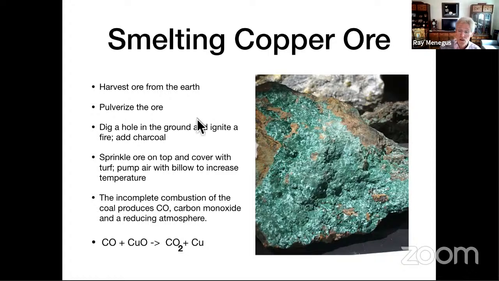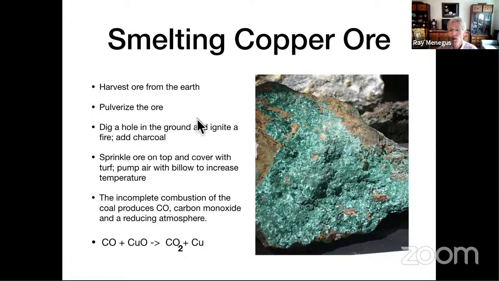And then what you would do, now this is supposition, because in ancient China we don't have any sources for this, but it's possible to create pure copper by digging a hole in the ground, igniting a fire in that hole, sticking charcoal or other woody material in there and allowing it to burn, and then sprinkle your pulverized copper ore on top of the burning embers, and then cover it with turf, cover it with earth.